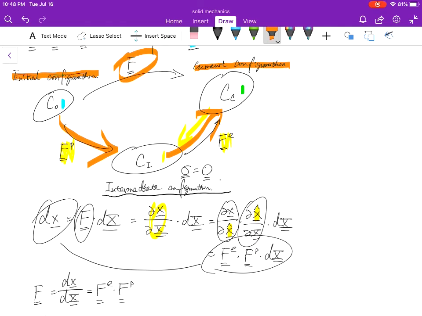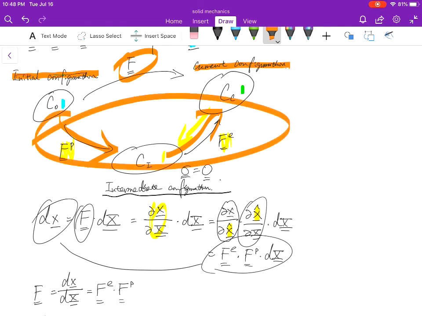Of course, this process is not possible in practice, but we just do this in our thought. This is a thought experiment. If we can do this, we can unload the material from the current configuration to our so-called intermediate configuration, and all the elastic deformation will be removed.